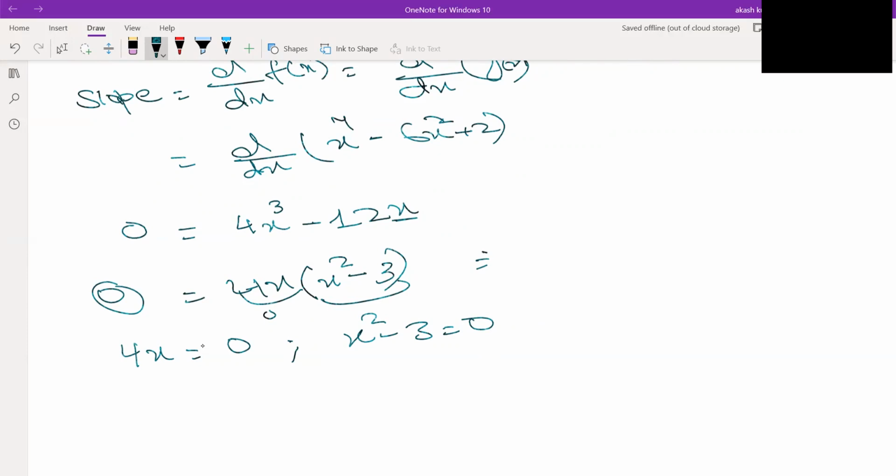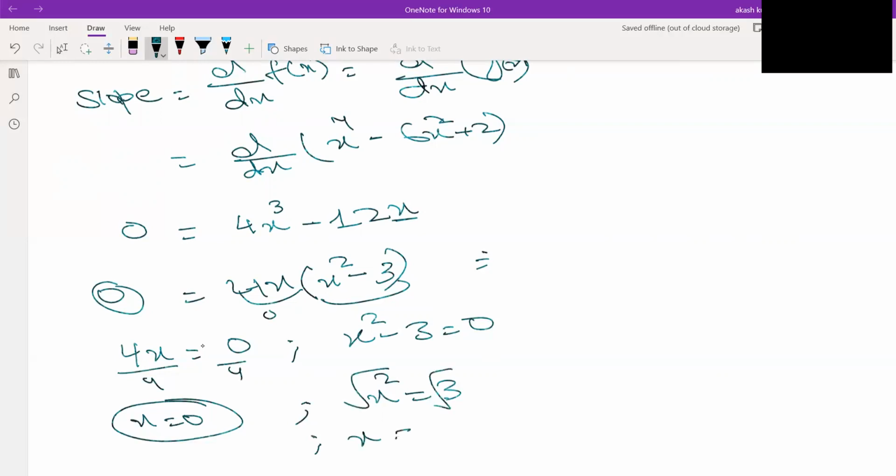We can equate both to 0. Dividing both sides by 4, we get x equals 0. This is one value of x. And then we have x squared equals 3. Taking the square root, x equals plus or minus square root 3.